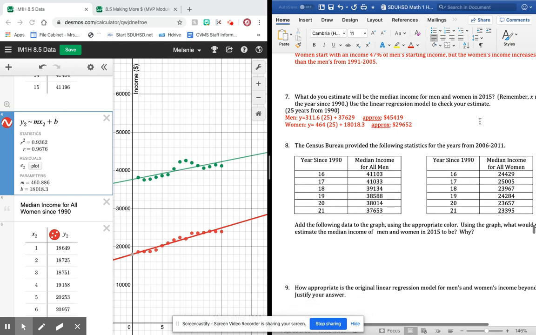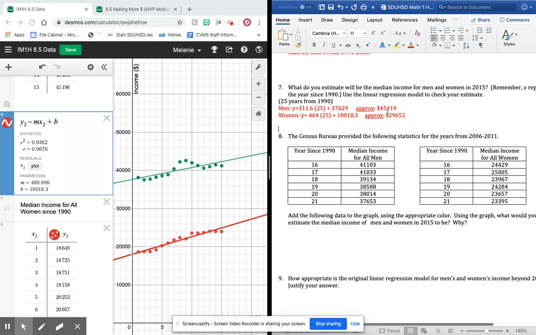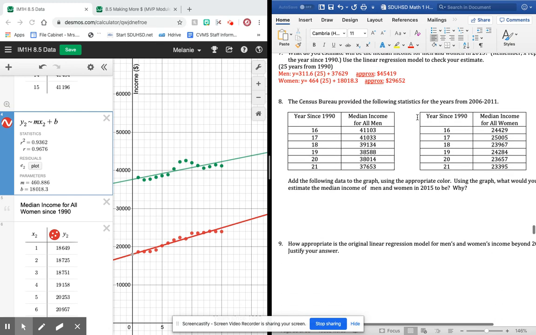So even though it said, what do you estimate, we actually use the linear regression model to check it.